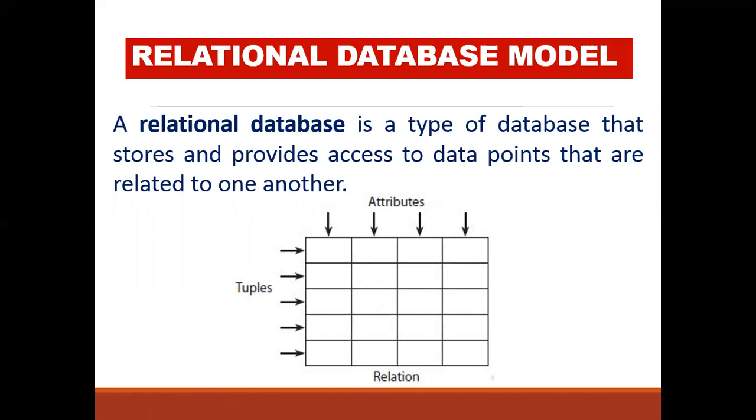And as we have also discussed in our previous classes, a table is a collection of two different things. One is called a row and the second is called a column. When we talk about the horizontal concept, that is called rows, and the vertical portion is called a column.